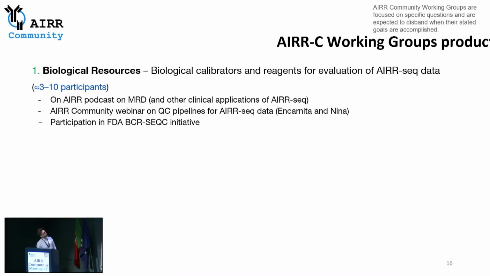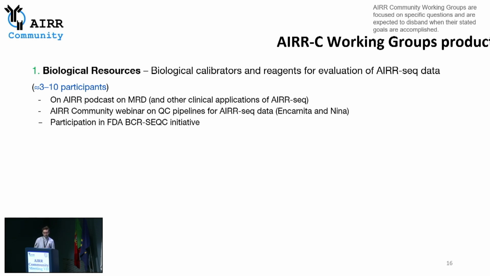Okay, so now we come to the working group products. I have structured this in working group products and manuscripts, although manuscripts are also products, but I just found it a bit more clear. So what is actually an AIRR-C working group? This is mentioned here at the top. These are groups that are focusing on specific questions and are expected to disband when these goals are accomplished.